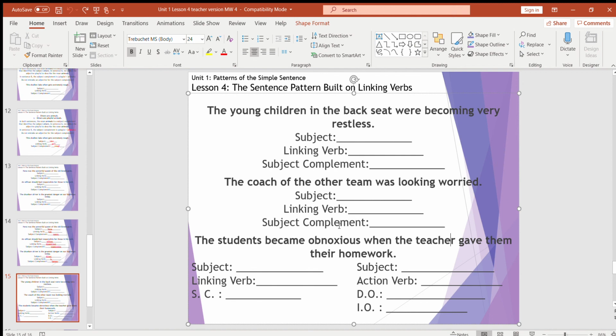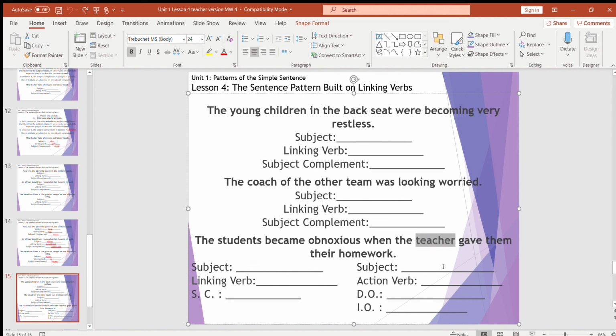So if we have the sentence, the students became obnoxious when the teacher gave them their homework. All right. So first verb we see, I see "gave," right? Action verb is easy. Okay. So if that's an action verb, we know we're talking about this column. So gave. So who gave? The students or the teacher? Which of the two? Because I see both nouns. Obviously, teacher.